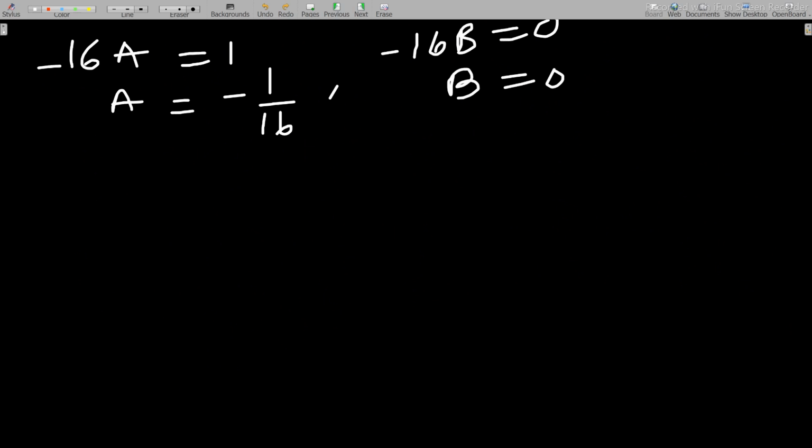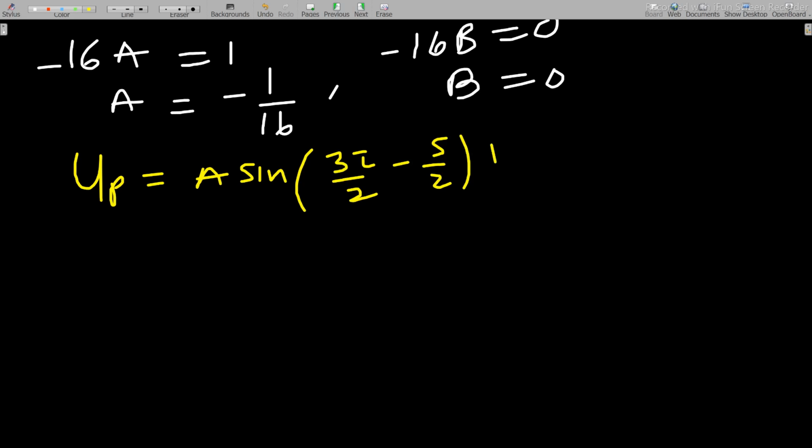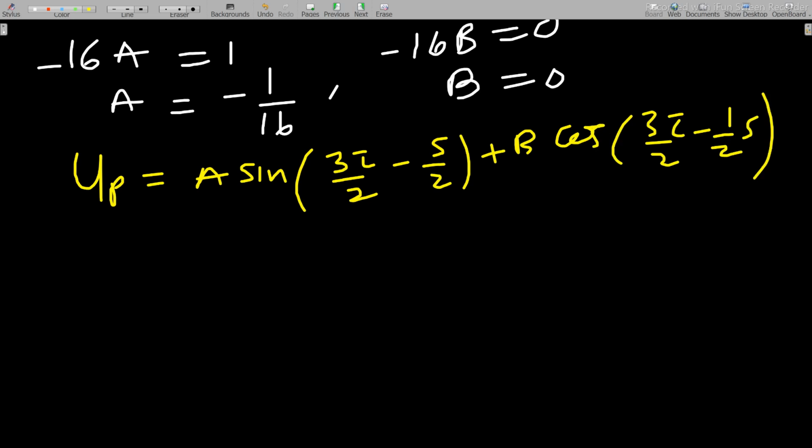We proposed in the equation that our u particular should be equal to a sine of 3 tau over 2 minus s over 2 plus b cos of 3 tau over 2 minus 1 over 2s, or s over 2, anyhow you want to write it.